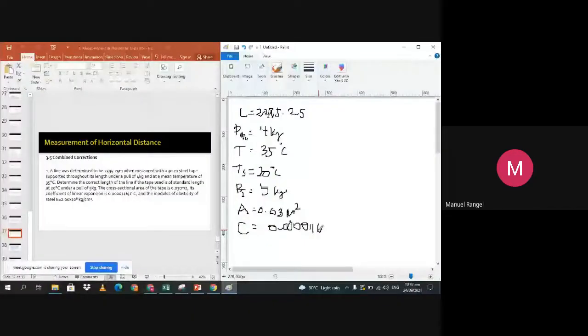And the modulus of elasticity is 2 times 10 raised to 6 kilogram per centimeter squared.